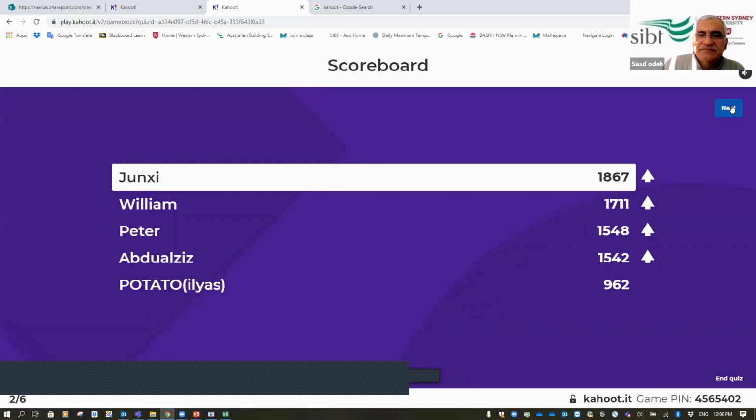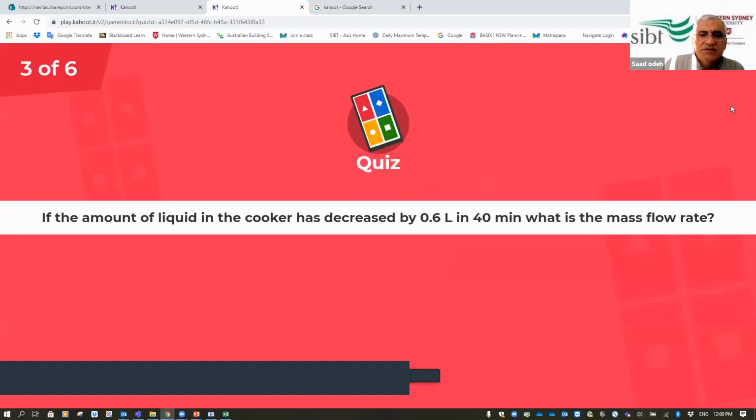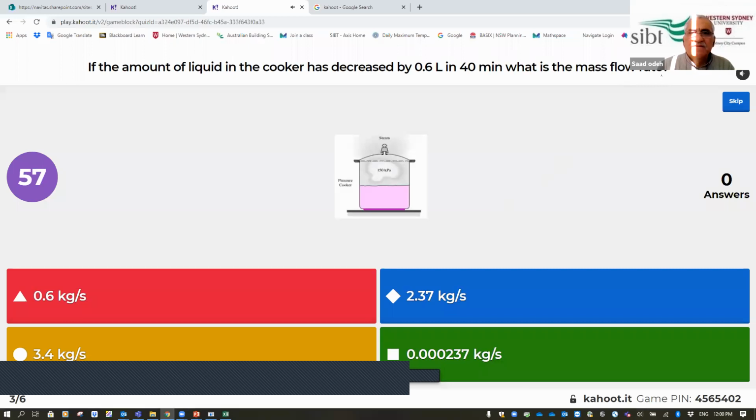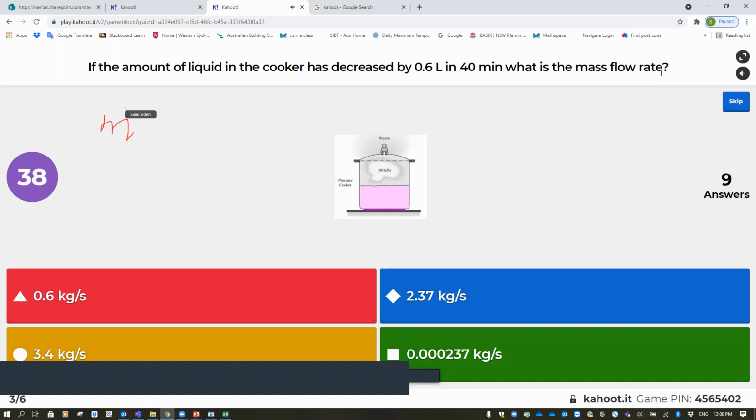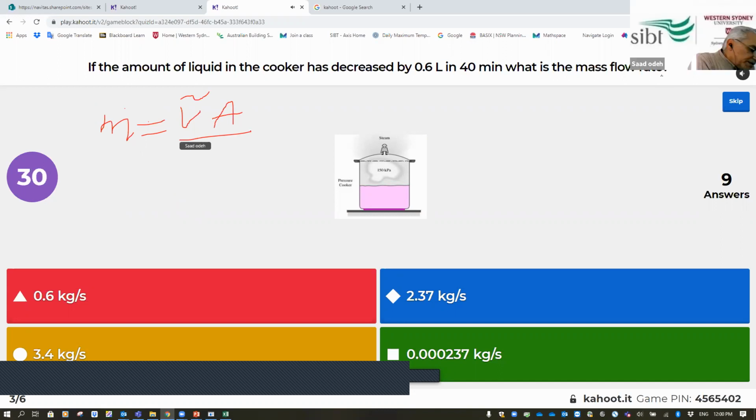Question 3. If the amount of liquid in the cooker has decreased by 0.6 liter, same thing, but now we need the mass flow rate. So the mass flow rate, put it in terms of the VF.